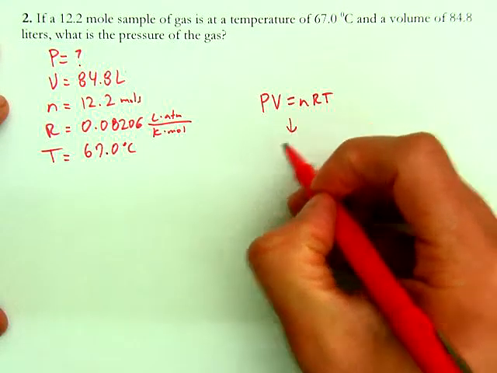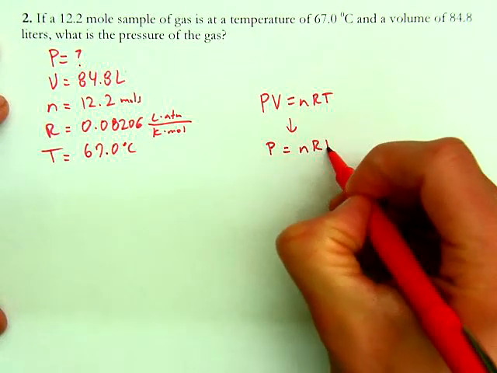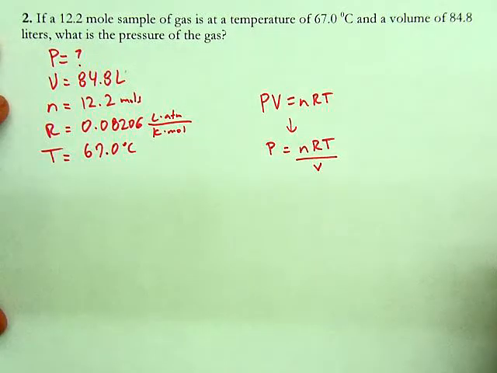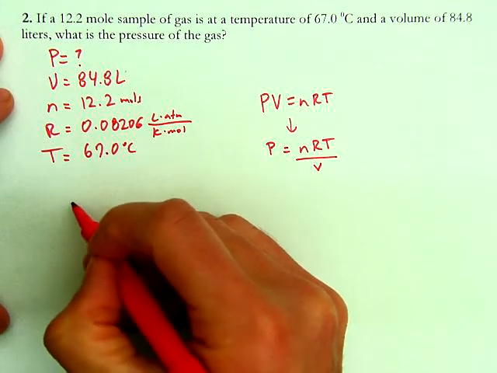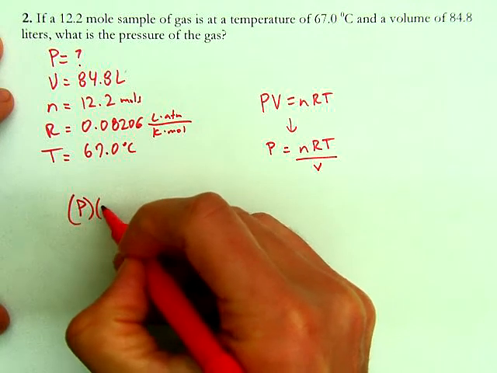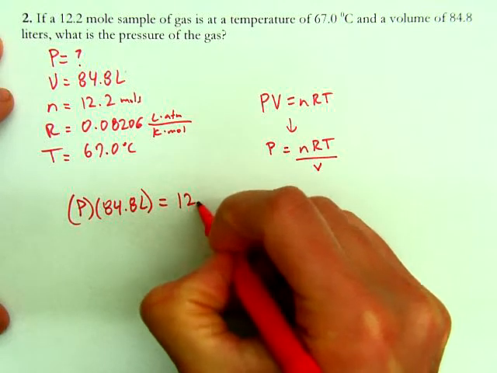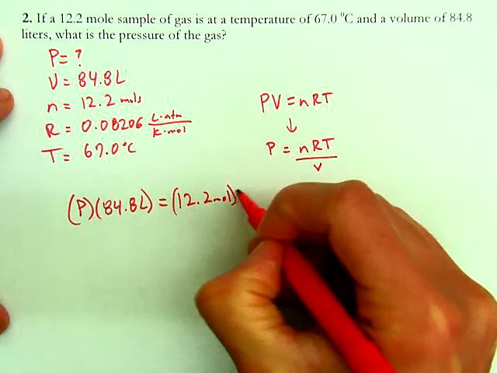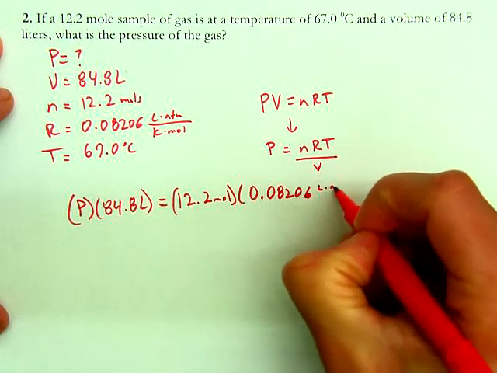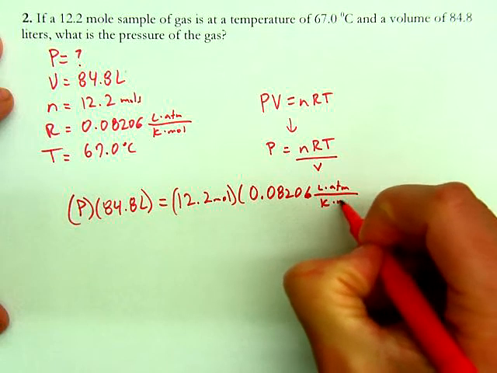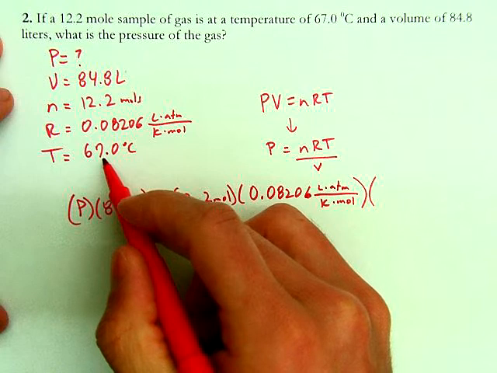If I was to rearrange it, P would equal nRT divided by V. So I'm going to do this, but let's plug all of our numbers in here. So we have PV equals nRT.